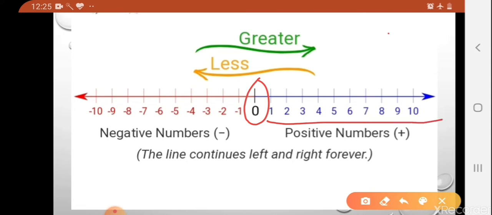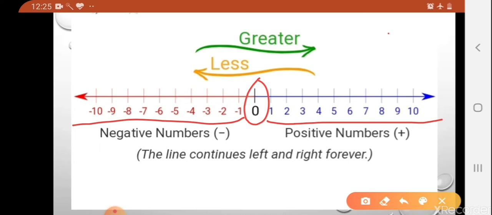On the left hand side, you can see there are negative numbers. So you can say that number line consists of 0, positive numbers and negative numbers.